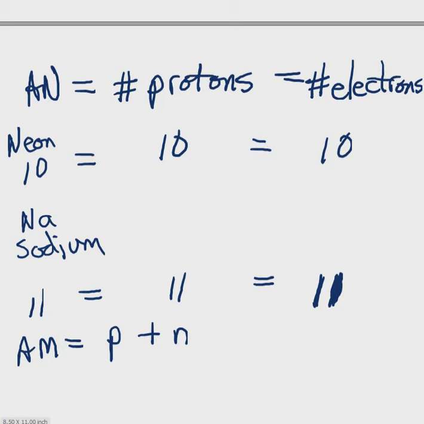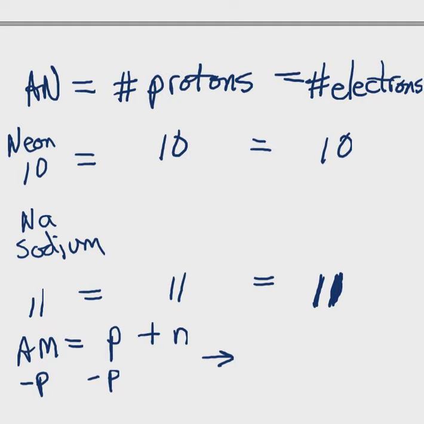So we have to rework the formula so that you end up being able to figure out the neutrons. We can do this algebraically, very basic, simple. So we subtract protons. Now remember, whatever happens on one side of the equal sign has to happen on the other side of the equal sign. So minus p and minus p.